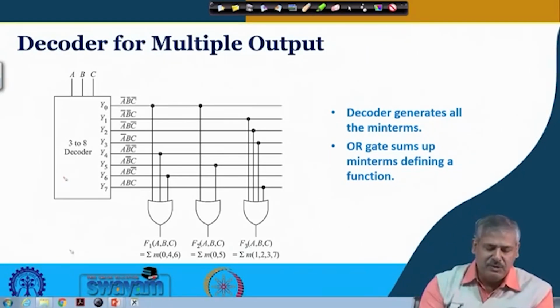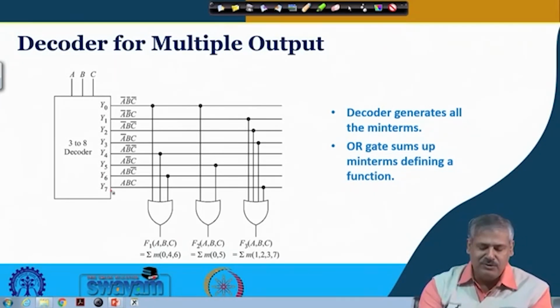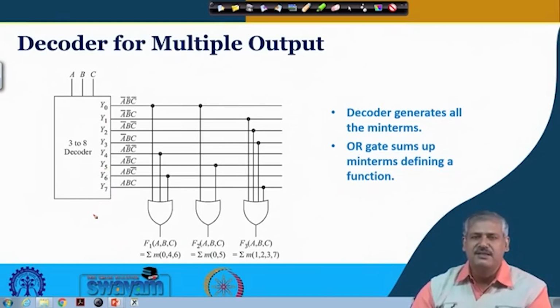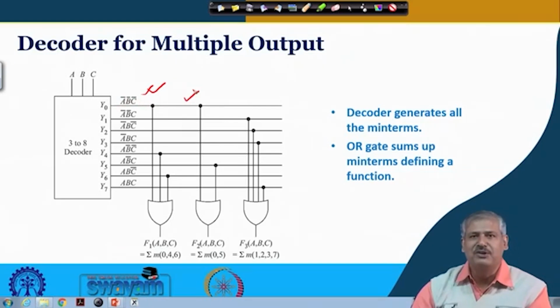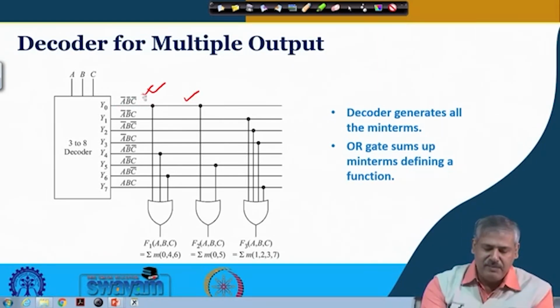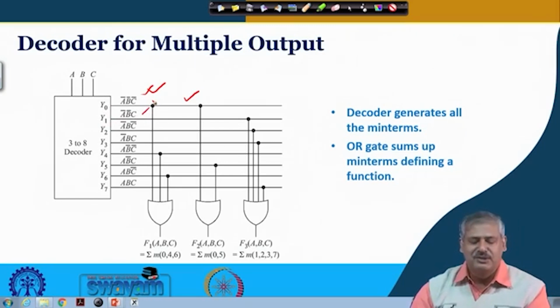An example is given: a 3 to 8 decoder. This Y0, Y1 to Y7 is generating all the min terms. When A, B, C are all 0, Y0 will be high, and when ABC is 001, Y1 will be high. So these are nothing but the corresponding min terms being generated.